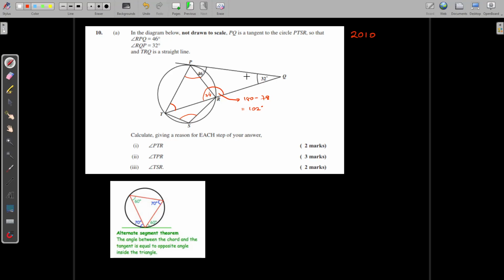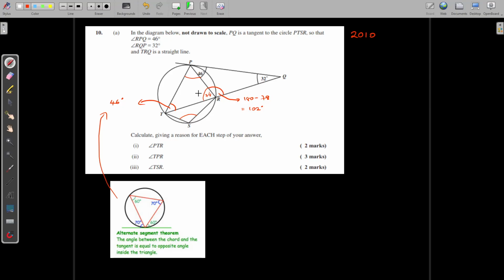Let's work with it. It's the orientation of the diagram that's throwing me off. So if we say here is 46 as well, so this would be alternate segment theorem. Alright, so let's work with it.